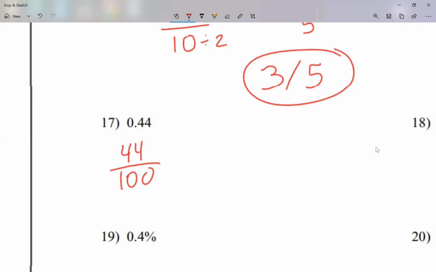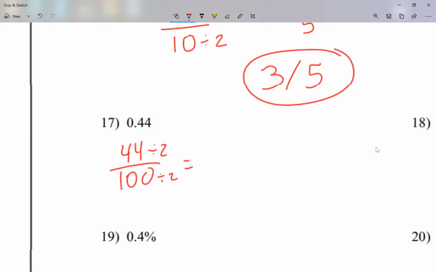I see these are even, so I like evens because I can easily divide by 2. Now, I'm not going to say only evens can be simplified, because what if I had 3 over 9, right? They're not even, but I can divide each by 3. So in this case, let me divide each by 2. Like I said, I like evens because dividing by 2 is basically cutting it in half.